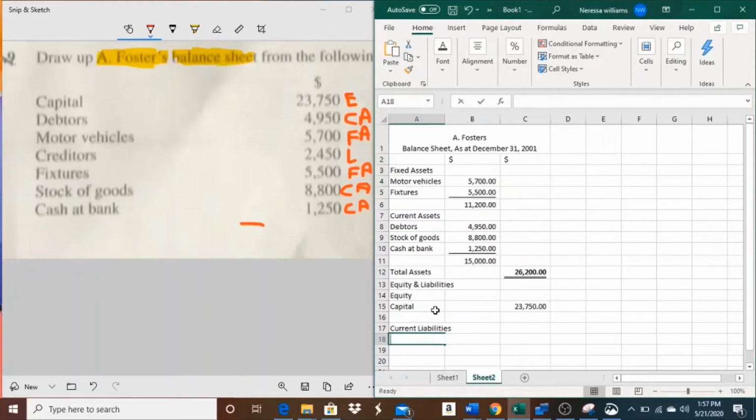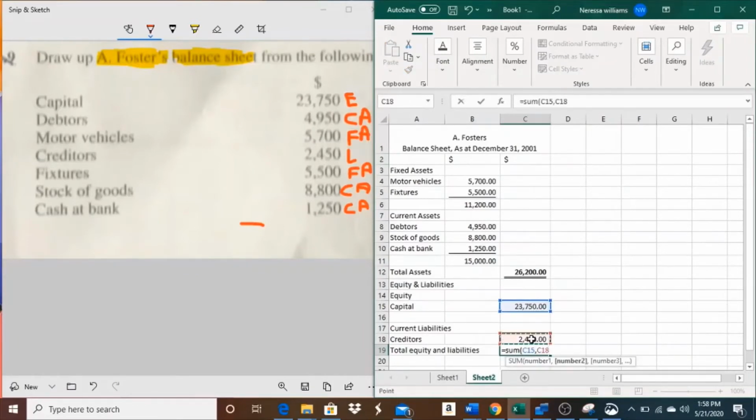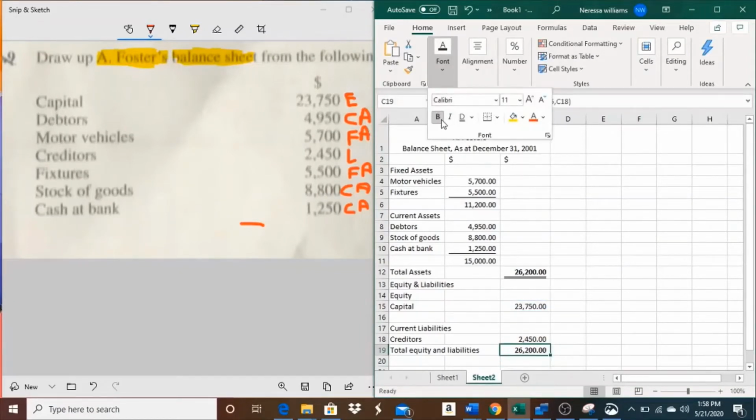And that current liability we had was creditors, 2,450. So we have all items. We need the total equity and liabilities, and now that we have all items, this figure that we're going to calculate should be equal to this one. Let's see. And it is equal. So we got this statement right.